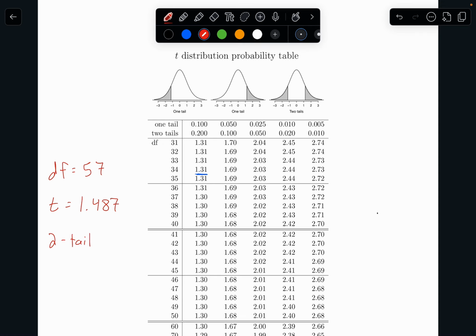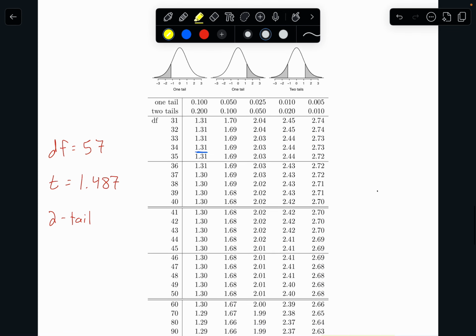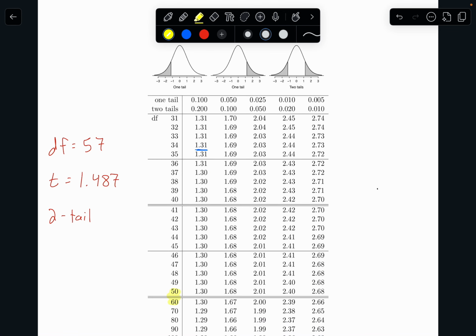So, okay, first of all, let's find our degrees of freedom. 57 does not appear right here. So remember, it's the same kind of rule that we talked about for confidence intervals where we're not allowed to go up for degrees of freedom. We have to go down, which means we're going to be using the degrees of freedom of 50 right here for our problem. And then I'm going to look for 1.487 within my row, and in this case 1.487 is already positive.